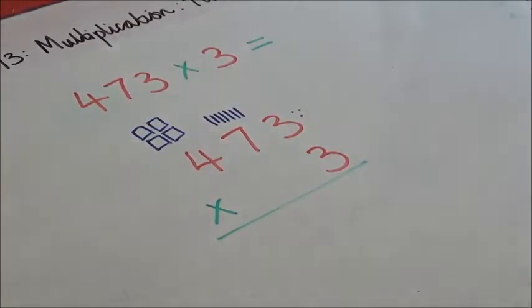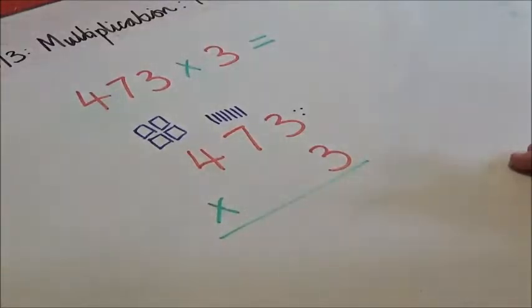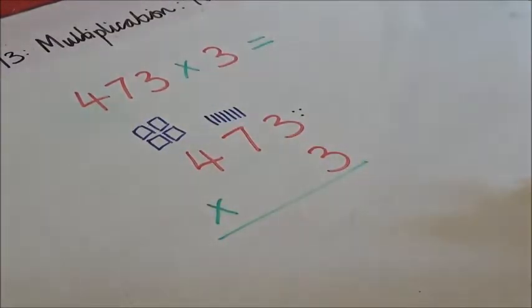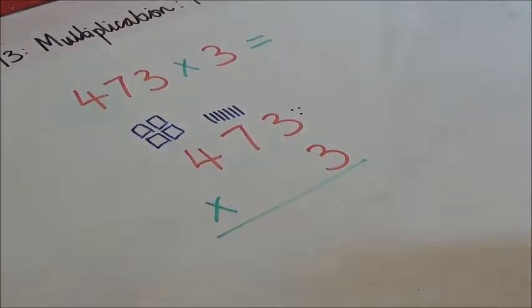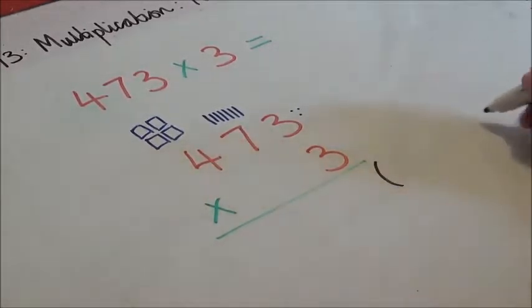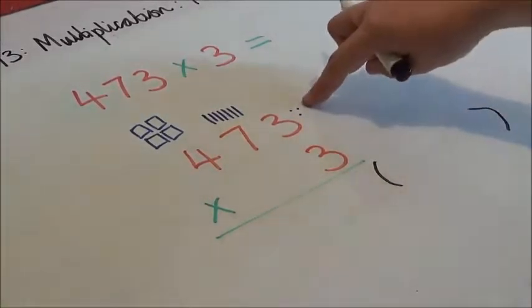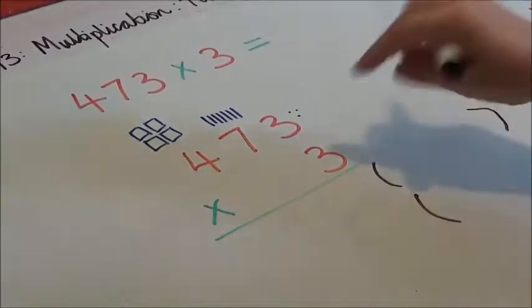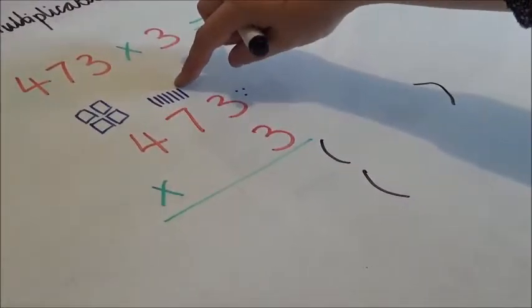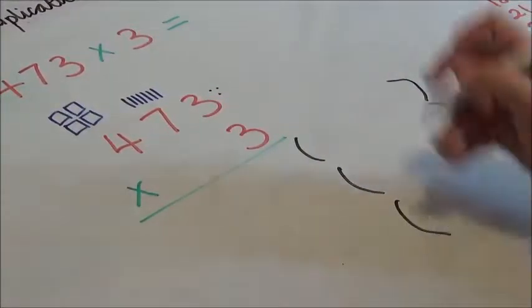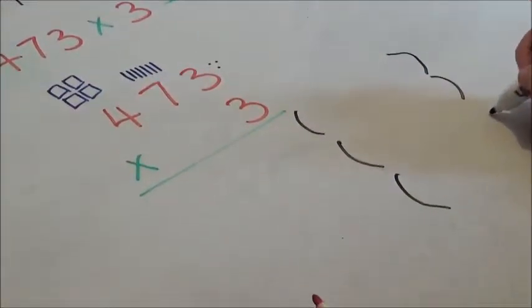Right. So I'm going to partition 473 so that I can put it into easier chunks. I'm going to put in my brackets 3 times the 3, 3 times the 70 and 3 times the 400.